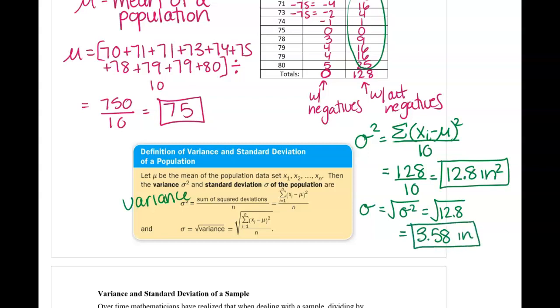And that's a lot more useful as far as heights. So what this means is on average, those values are about 3.58 inches away from the mean. So this formula we used, which is really this one for variance, and then you take the square root of it to find the standard deviation. We have an n on the bottom for population.